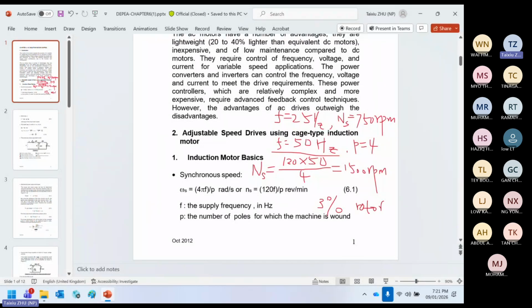Now the synchronous speed is due to the applied frequency. This one is really the rotor speed. You can hear the humming sound. This is also the motor speed that drives the tire.